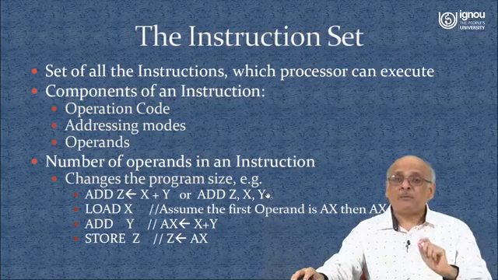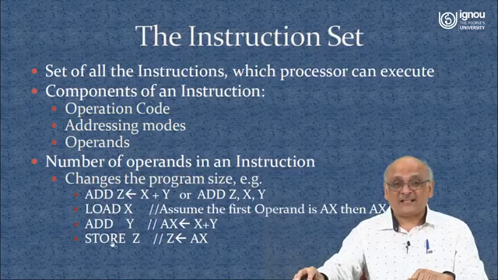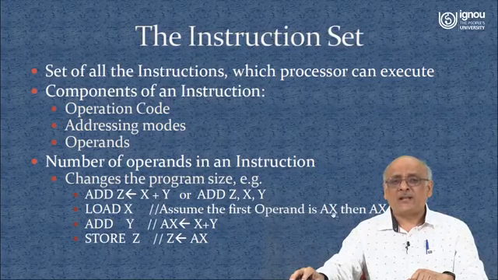However, when we remember 8086, it allowed only 2, and even then one of the operands had to be a memory operand. That can be equated to these 3 instructions. So considering a machine where all the operations are performed in the accumulator, that's why we are naming it AX, all the operations are performed in accumulator machines.